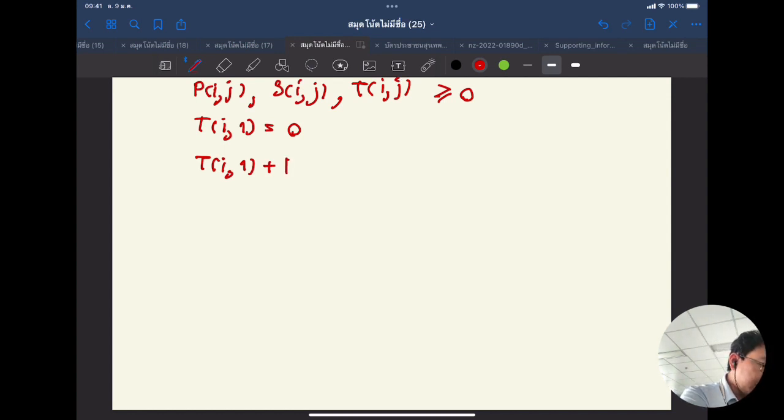We produce Pi1 at that month. It must be our sale at that month, plus what is in the stock.